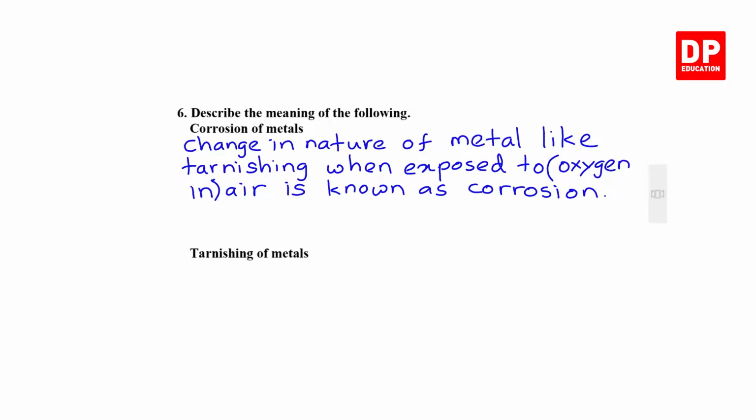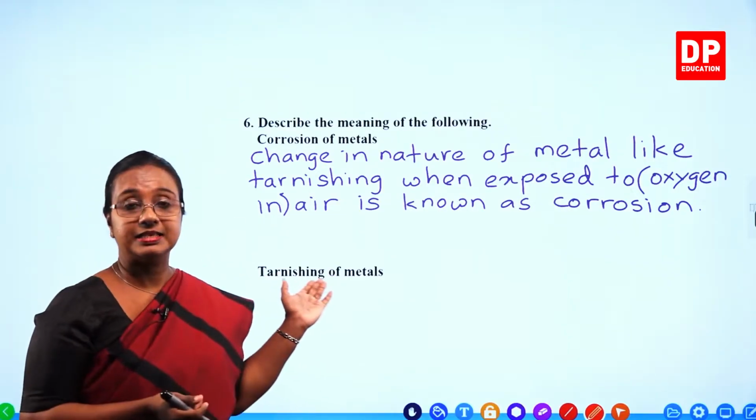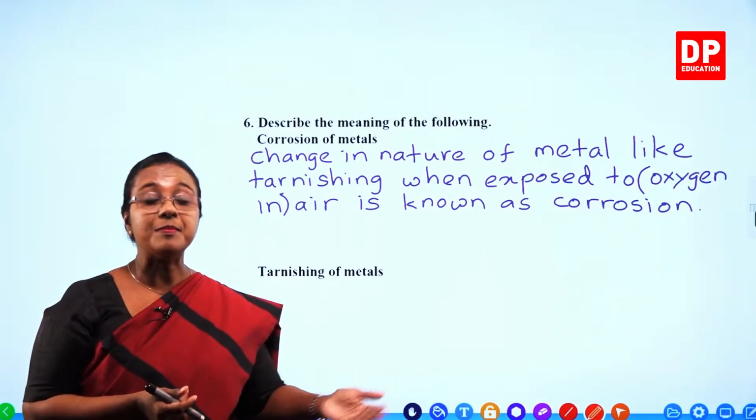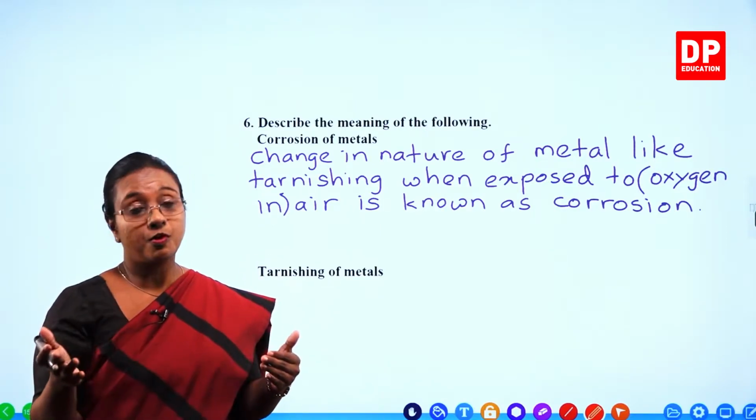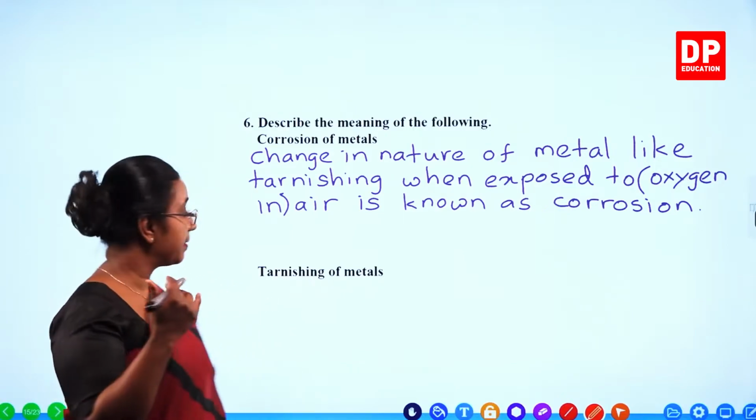So here again, if you can remember magnesium, when it is stored in the lab, the shine is lost and also the magnesium oxide layer forms. So that is corrosion of magnesium.